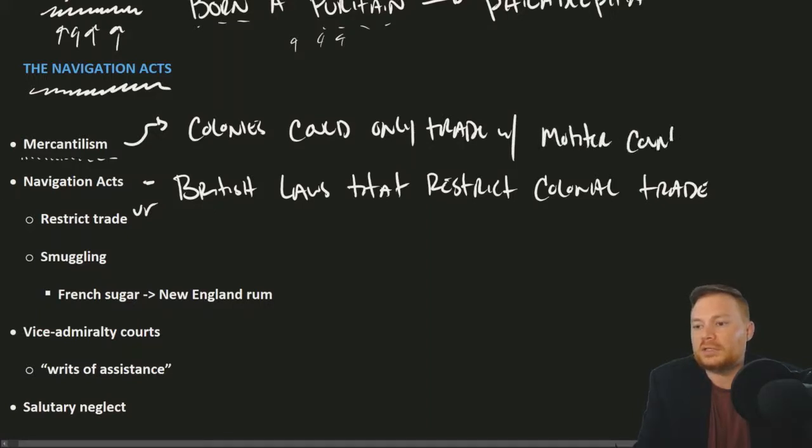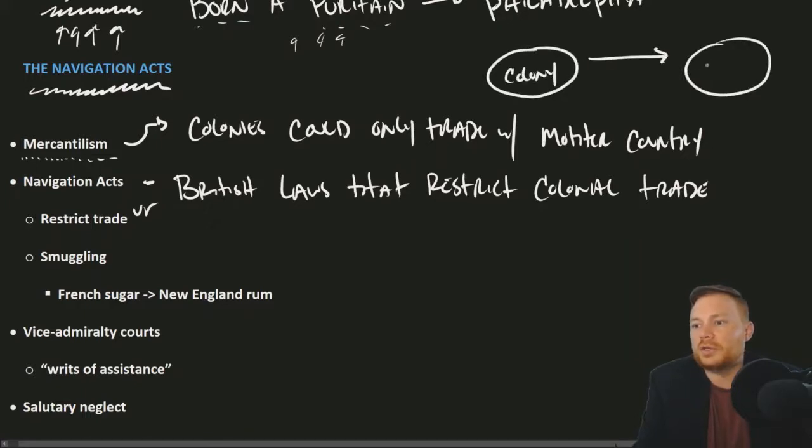That's the idea. So this sometimes helps with visualization. If we have a colony and a mother country, this is pretty much what the mercantilist system tried to encourage: no trading with any other countries, just the colony and the mother country going back and forth.